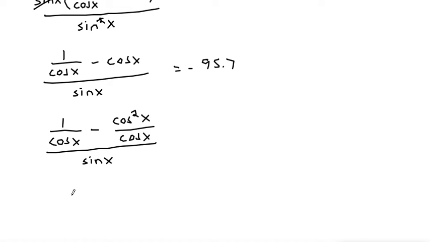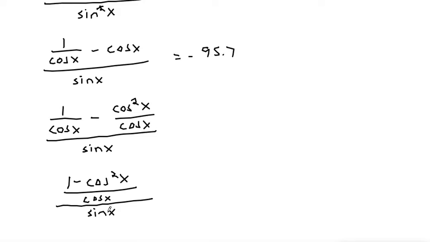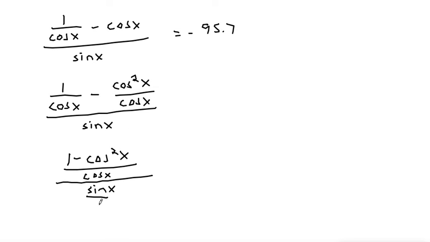When we subtract, it gives 1 minus cos squared x over cos x, and that's all over sine x. To write this as a complex fraction, I'm going to write that as over 1.